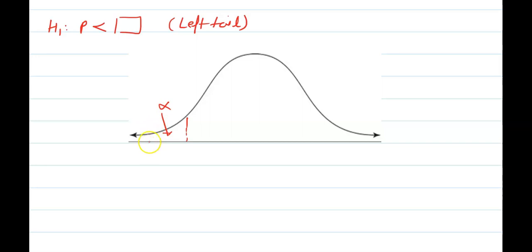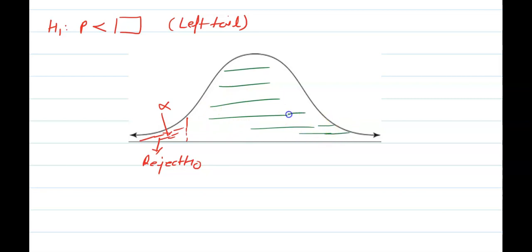In this red region, again same thing, you can reject H0, and in this green region do not reject, right? Okay, so left tail test.